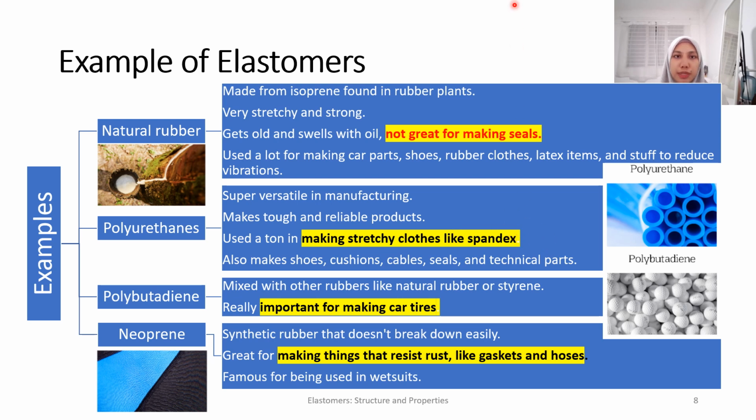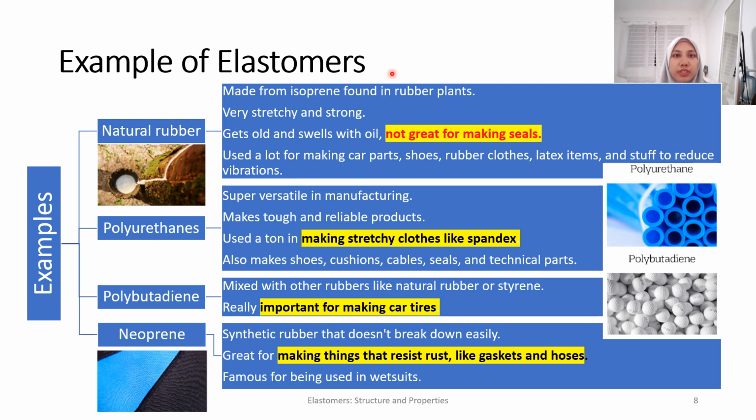However, the thermoplastic polyurethanes are also used to manufacture shoes, cushions, cables, seals, and technical parts. Next is polybutadiene. In combination with other rubbers like natural rubber or citrine, polybutadiene is an essential elastomer, especially in the production of automotive tires.